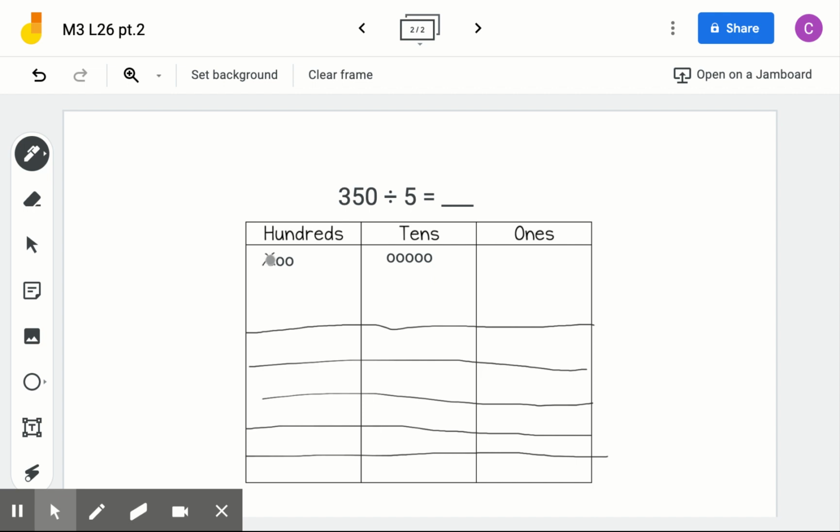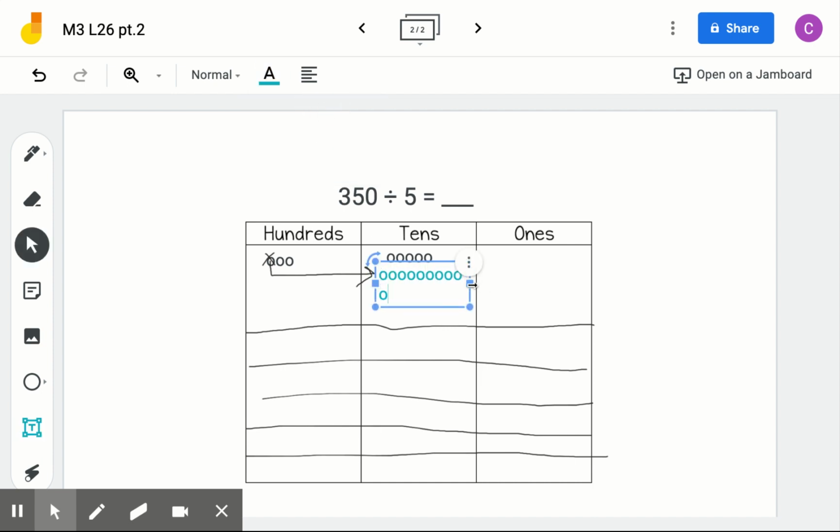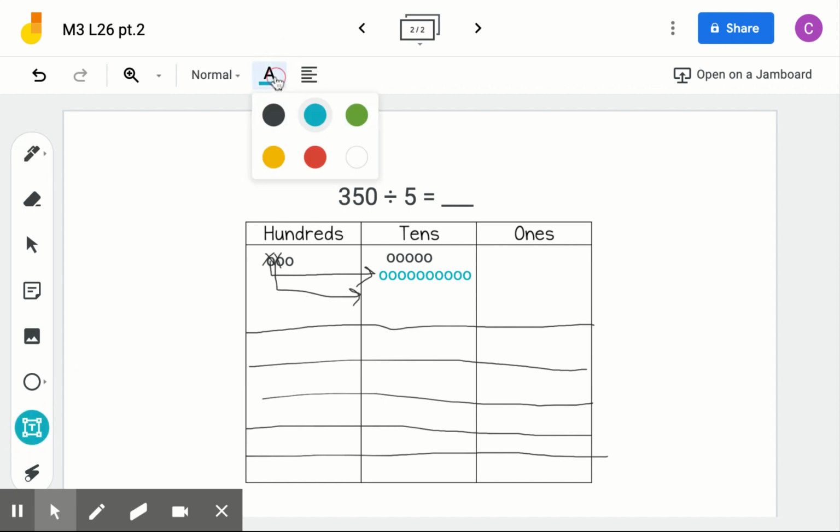So I'm going to unbundle this 100 and make 10 tens. And I'm going to unbundle the second 100 and make 10 more tens.